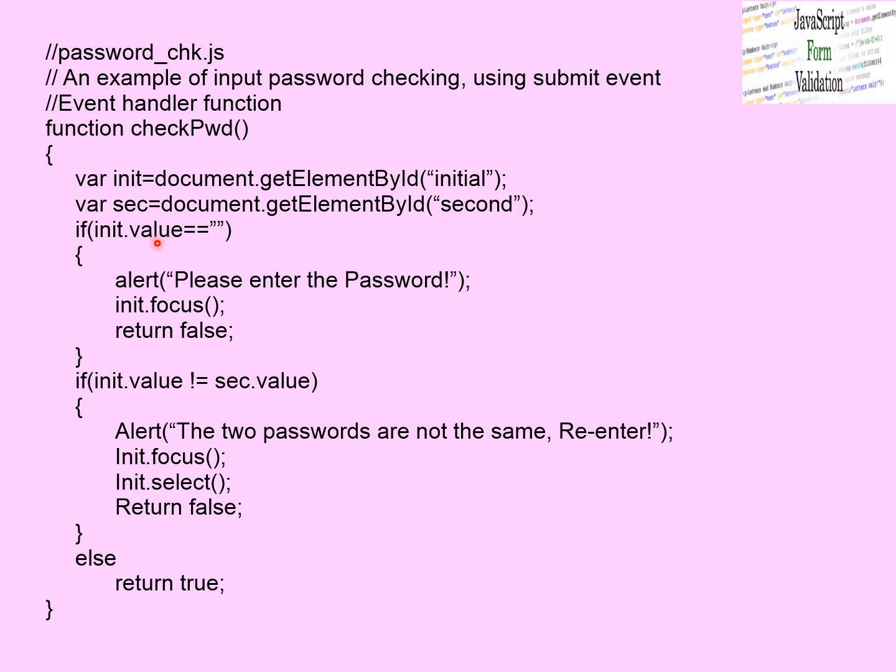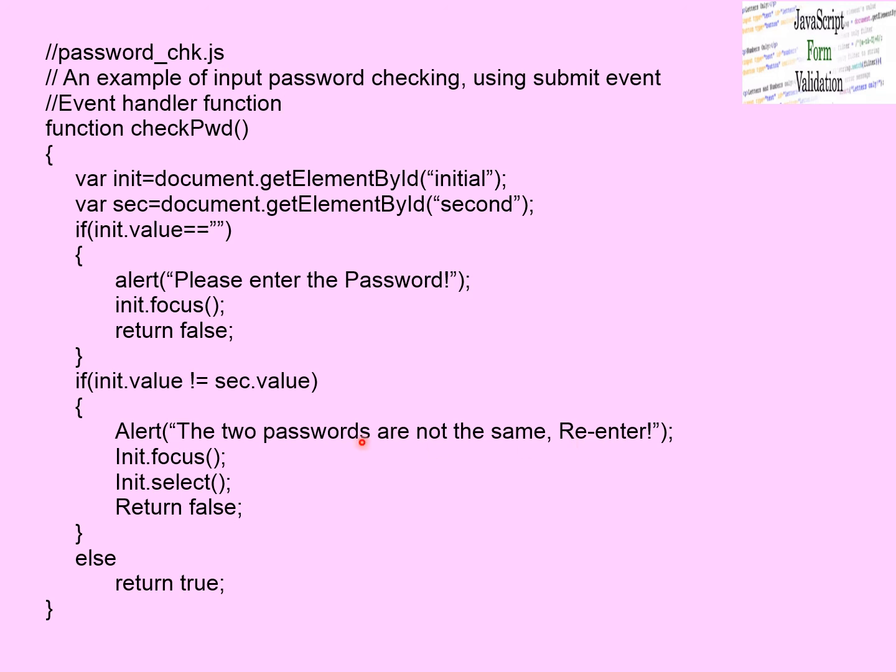Otherwise, if the initial element has some data, it moves to the second if statement. If init.value is not equal to second.value, that means it compares the data in the init variable and the second variable. If both are different, it produces another alert message: "The two passwords are not the same. Re-enter the passwords."